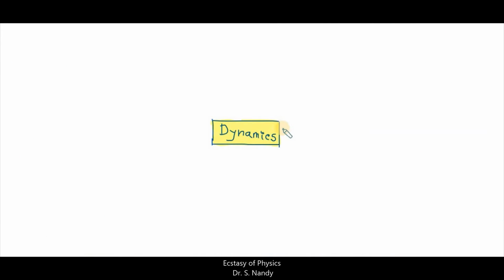Next we'll be talking about dynamics. Dynamics is unit 2 under this AP Physics 1 course. Dynamics we can define as the branch of physics related to the cause of motion, under which we discuss the cause of the motion.